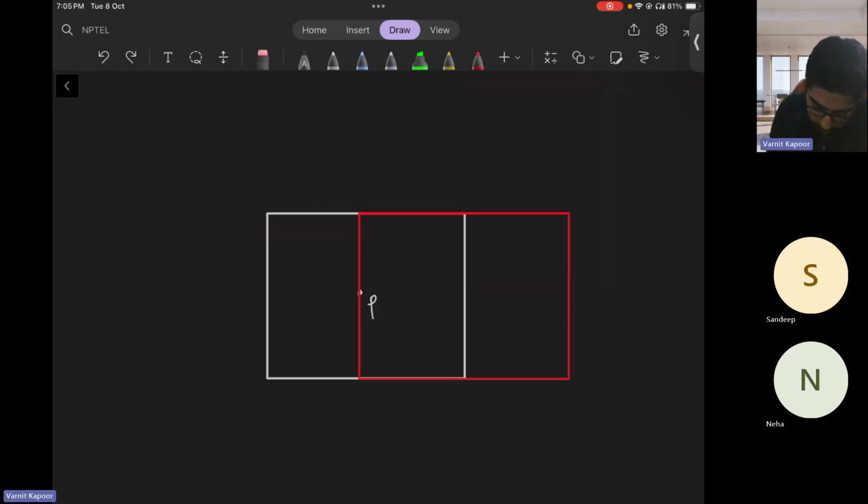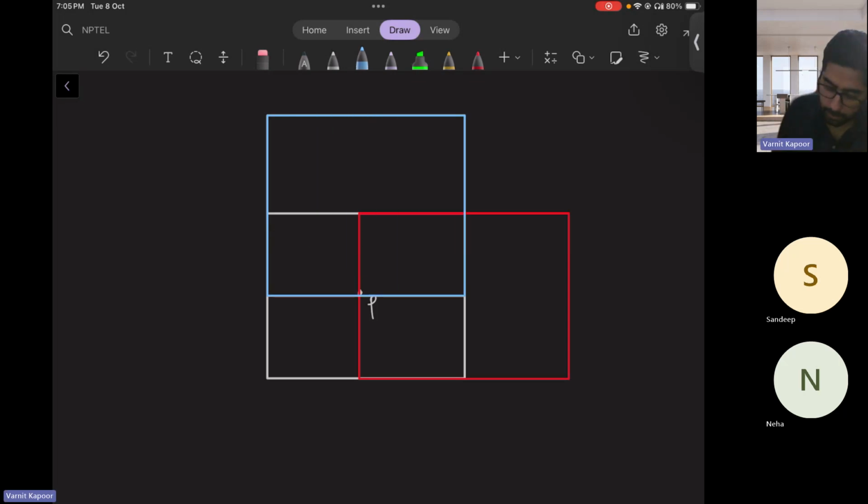It's a bit complicated. Okay, so this is a control volume for your velocity.